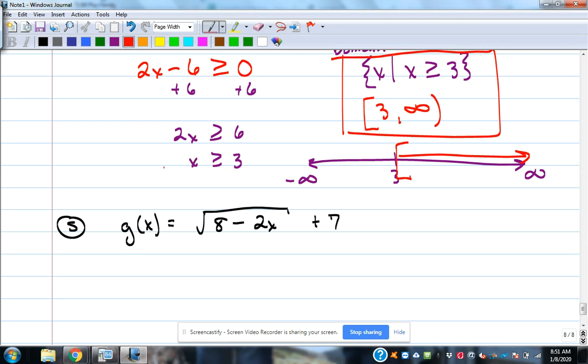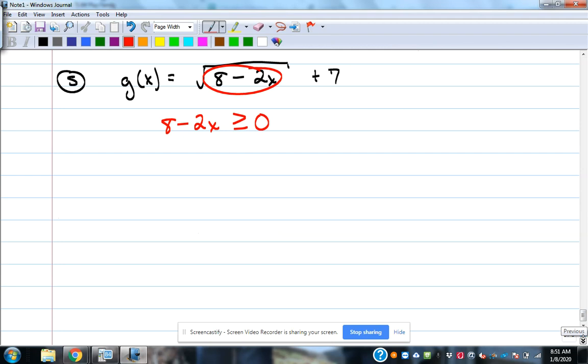Okay, so we're going to take that part and do what with it? Set up that inequality, greater than or equal to 0, and solve it. Subtract 8. Negative 2x is greater than or equal to negative 8. Divide by negative 2.